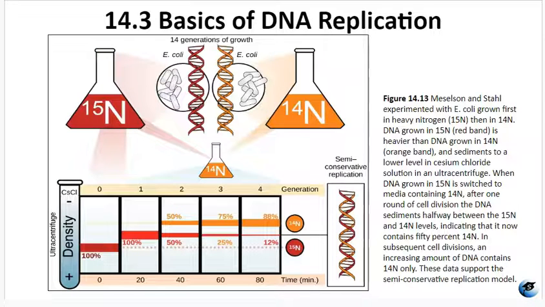So this is figure 14.13 showing that experiment. Over here, the red is the heavier isotope of nitrogen, and this one is the normal, regular isotope. Essentially, what they did was a freeze-thaw method of DNA extraction. They got the cells to burst open and release the DNA, and they would have that process go on in the heavier isotope of nitrogen, and then they would remove the DNA from there and put it in the 14N.